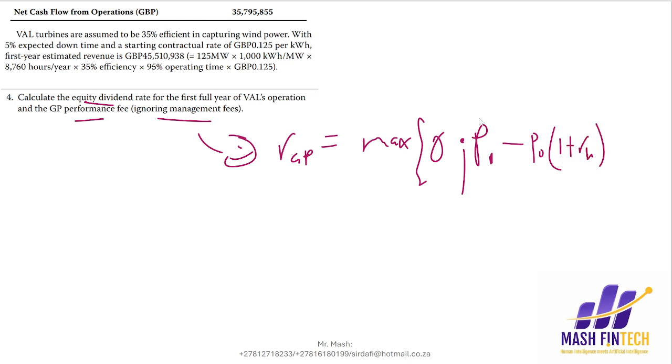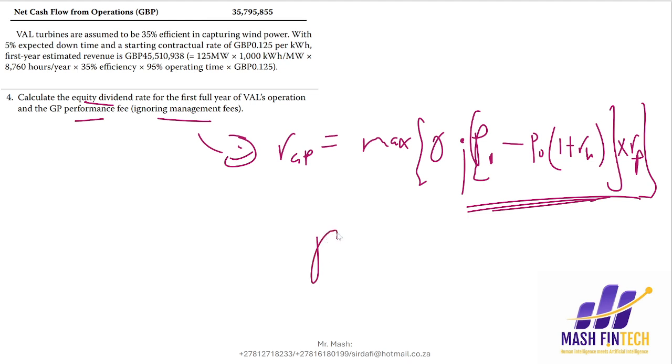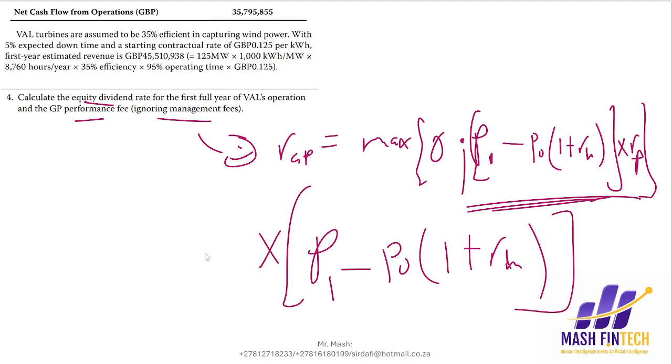The answer you get when you calculate the difference here, you multiply by the given performance fee, and you get your answer. So this is just calculating P1 minus P0 times 1 plus the hurdle rate, then multiplying the answer by the performance fee.